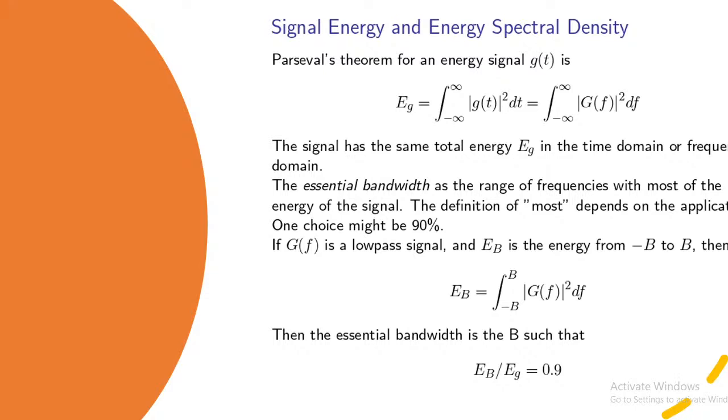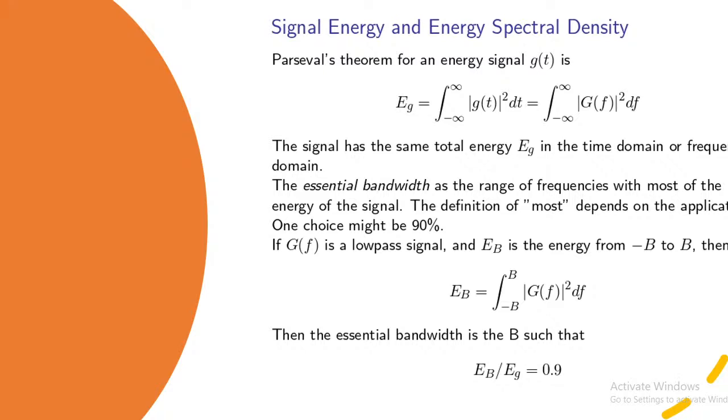In the frequency domain, it will be the integration from minus infinity to infinity of absolute G(f) squared df. So, in the time domain or in the frequency domain, you will get the same total amount of energy, using Parseval's theorem.